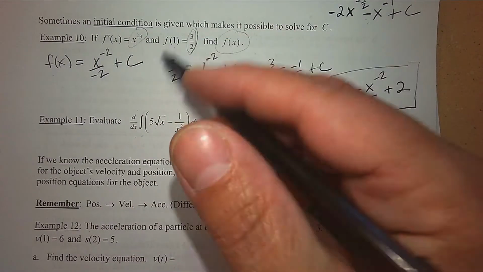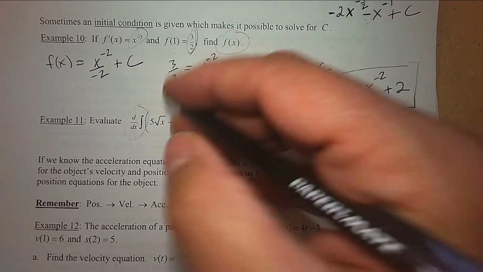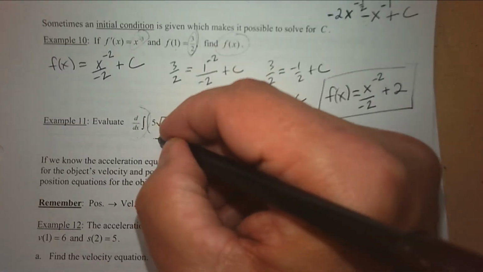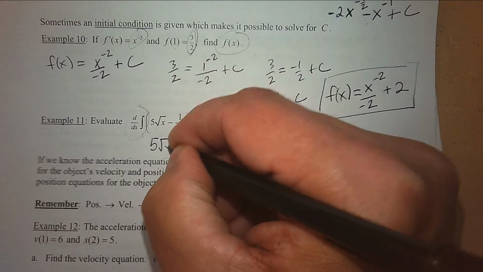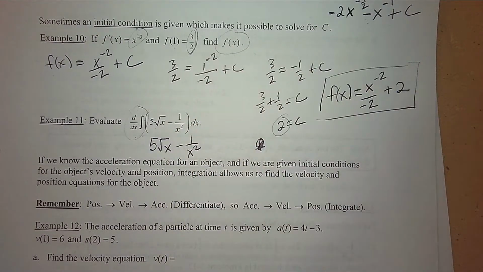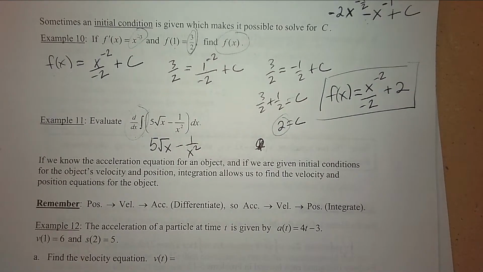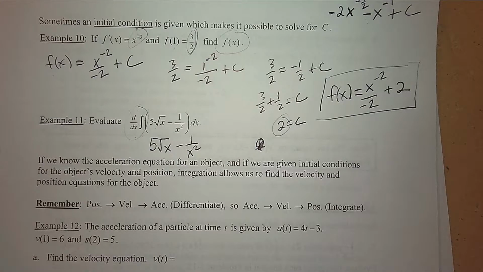So if you take the derivative and integrate, they undo each other, and then your final answer is 5 root x minus 1 over x squared. Someone will still get it wrong. So why is that example there? To remind you that derivatives and integration are inverse operations, right? That they undo each other. And then that's what you're left with.